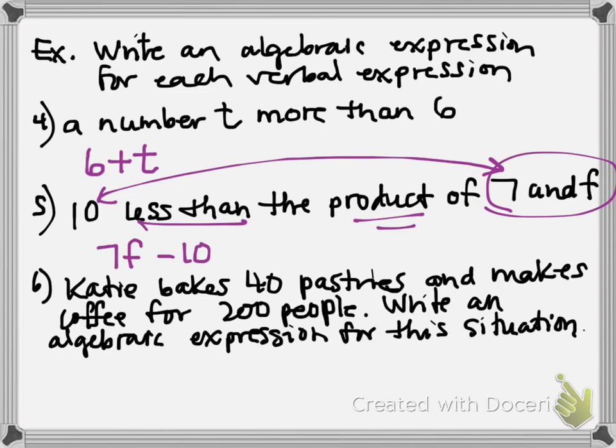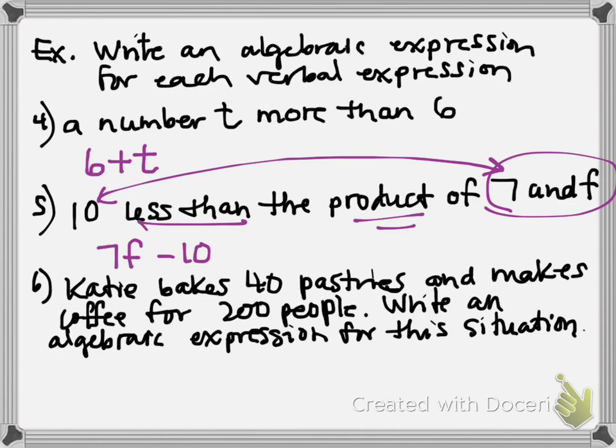So Savannah, what's missing in this problem? She doesn't really tell us what she really needs. It only really says that she baked 40 pastries and she makes coffee for 200 people. It doesn't really tell us we need to add them or we need to. Well, think about it. If you're making pastries and coffee for people, what math are you doing?